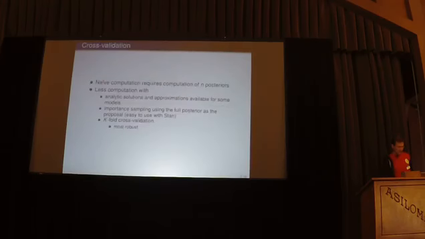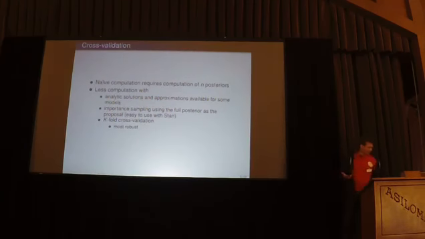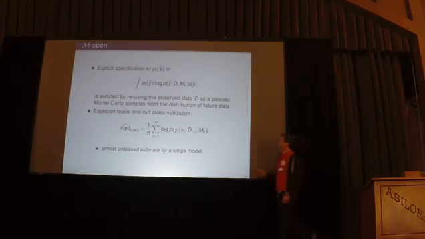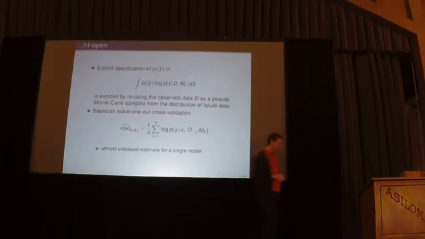Then naive computation would require computation of n posteriors, so that we would need to condition on all the different data sets where we've left out one observation.